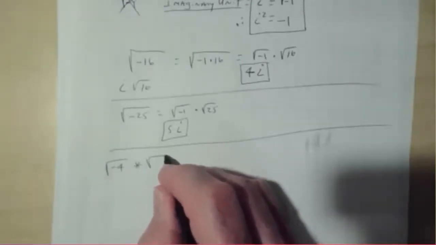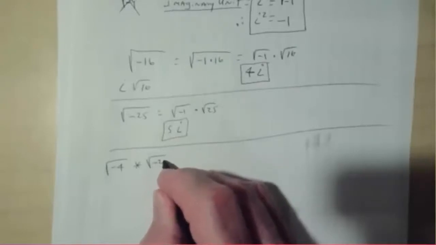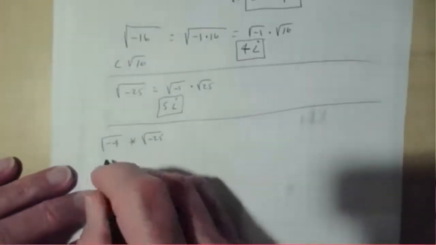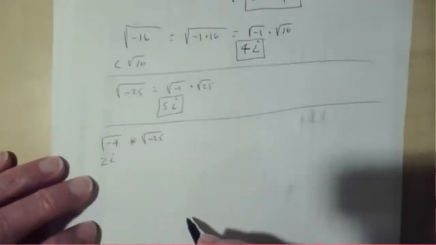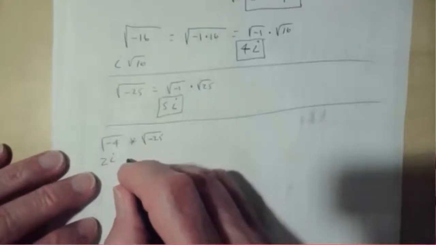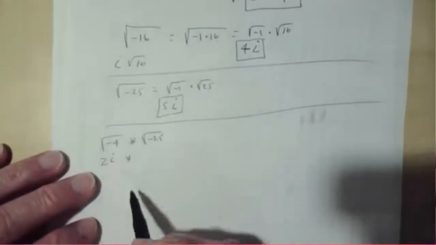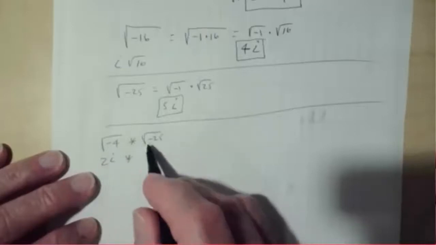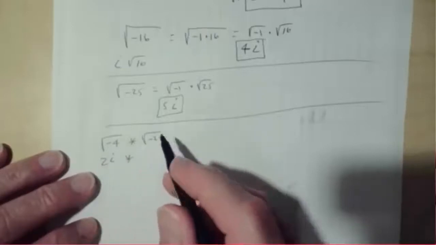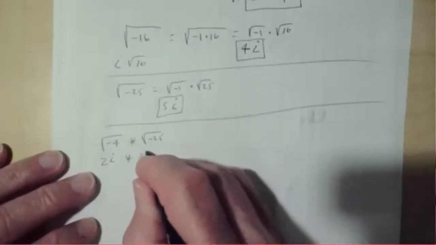Okay, and what about this? What if we have the square root of negative 4 times the square root of negative 25? Now the square root of negative 4 is 2i, right? Times, remember, the square root of negative 1 is i.